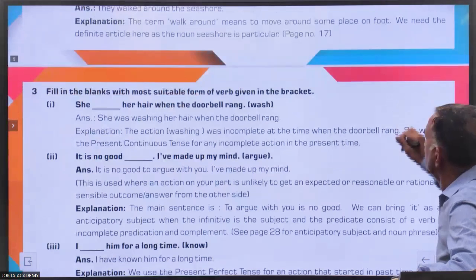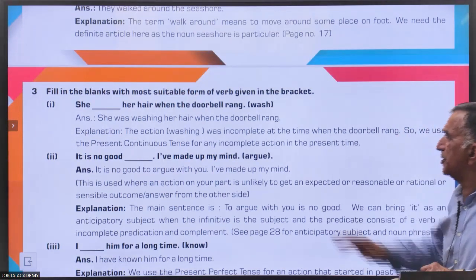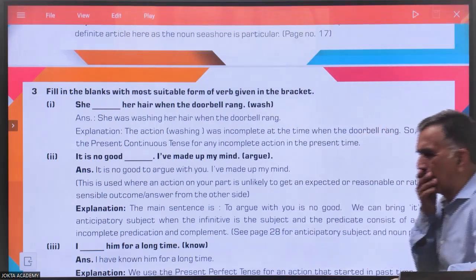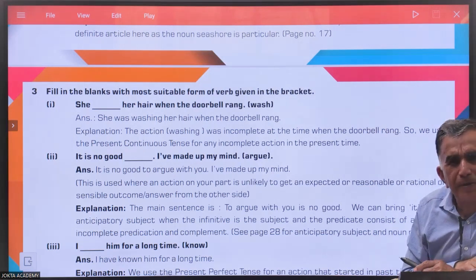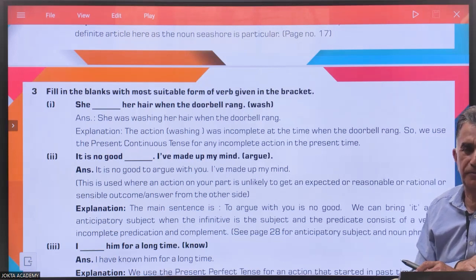Now, the third part of knowing the structure of sentences is through tenses, through verbs. Fill in the blanks with most suitable form of verb given in the bracket. Wash. A verb tells us action or condition of the subject.